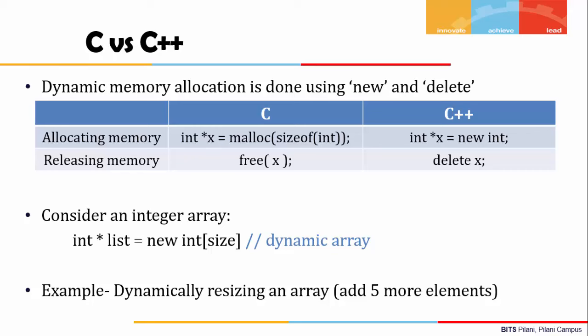Dynamic memory allocation requires two steps. First we create the space, then store its address in a pointer. To dynamically allocate memory in C++, we use the new operator as shown here, whereas in C, we used malloc.